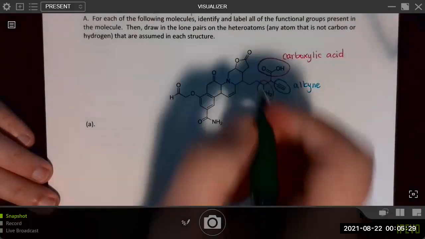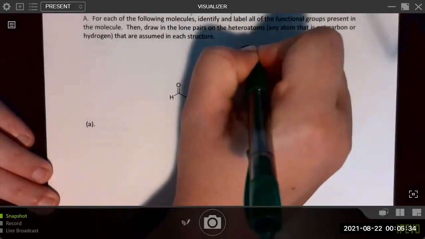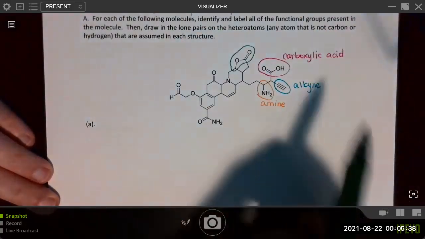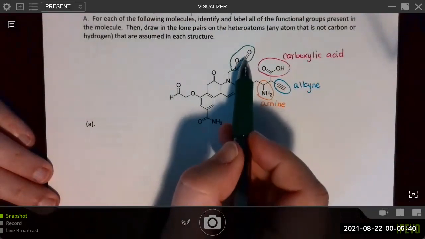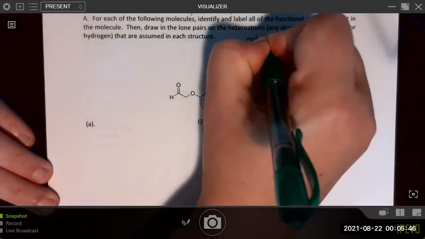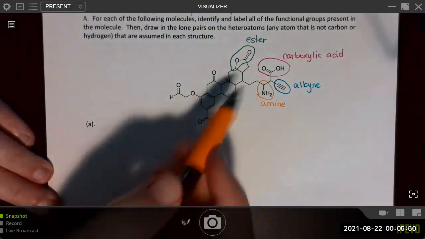And then up here, we have a carbon with a carbonyl attached to an oxygen that's attached to another carbon. That's an ester. And actually, we have another amine.